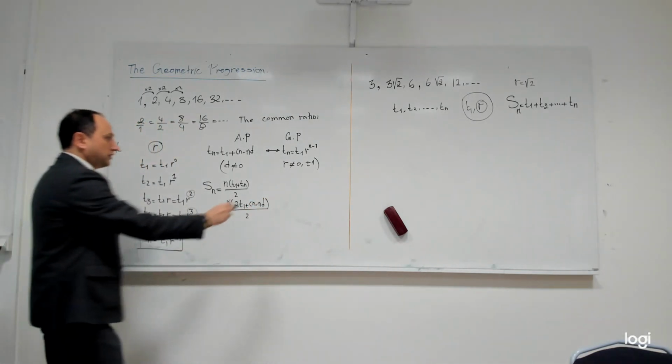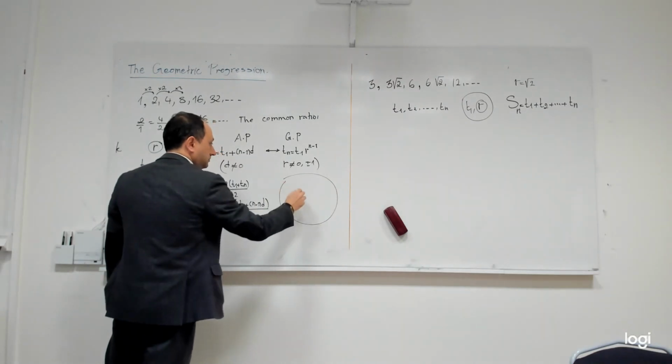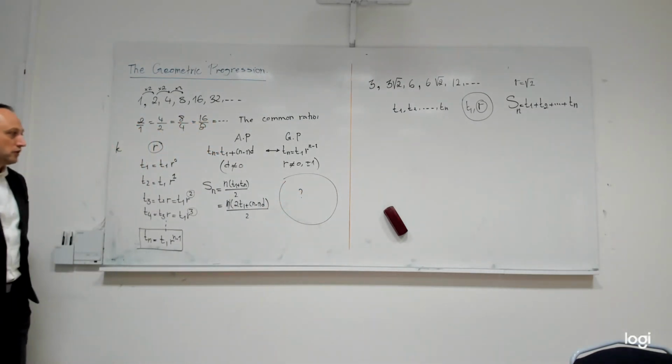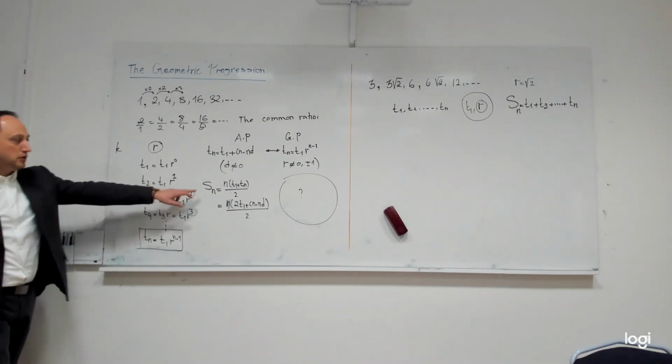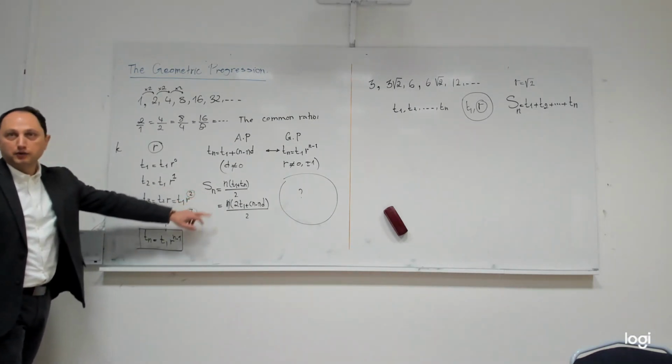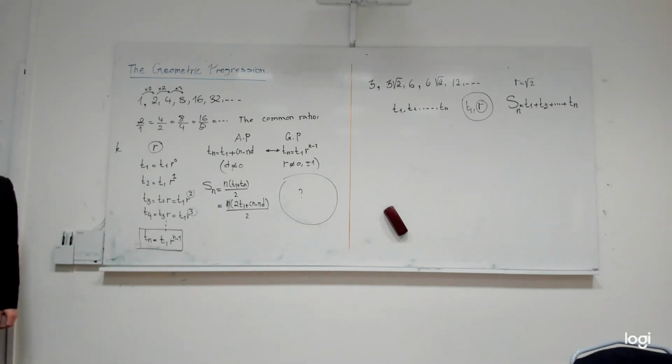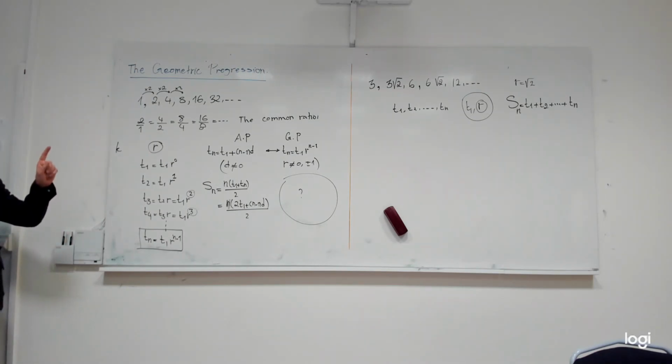Okay, we want to find the formulas here for geometric progression. What was the idea? If you remember, I proved this formula for you. But how did I do it? Do you remember how I calculated the sum from numbers 1 to 199 or something?